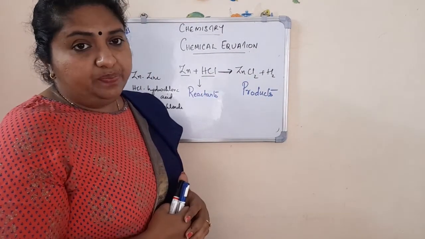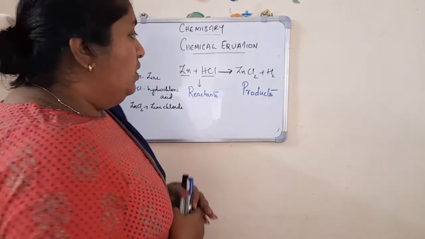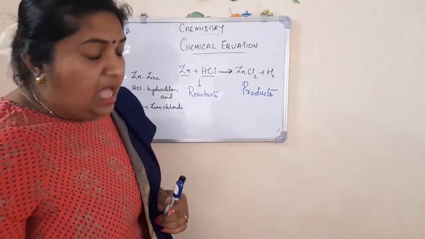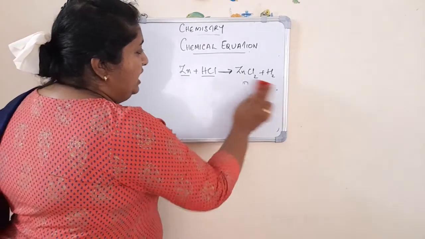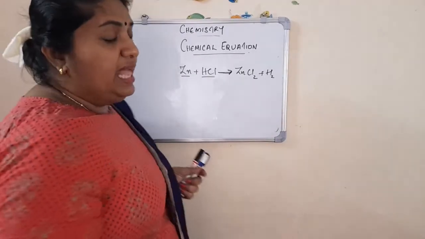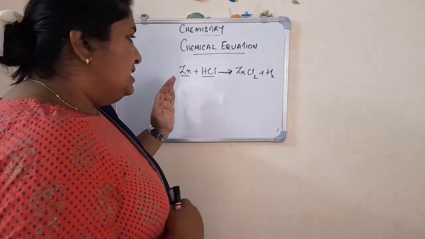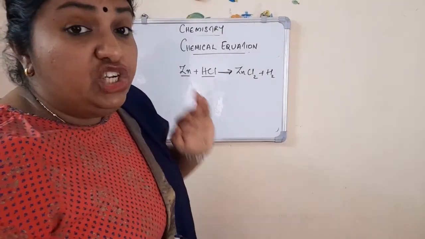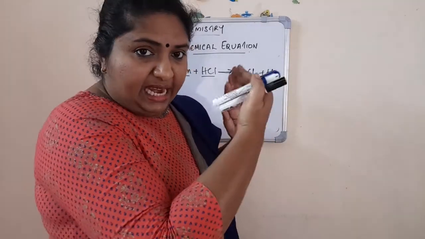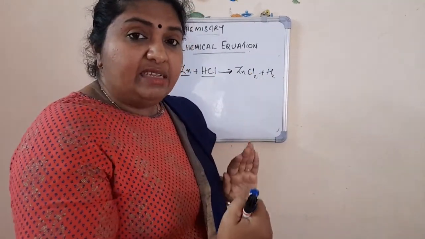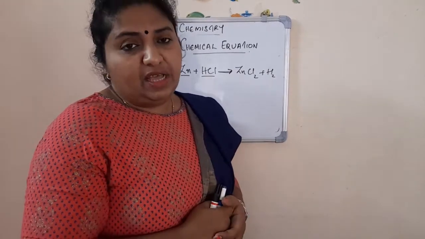Now, when you are writing the equation, we have to make sure that the number of atoms in the reactants and in the products should be equal. Whatever number of atoms are present in the reactants, the same number should be there in the products also.